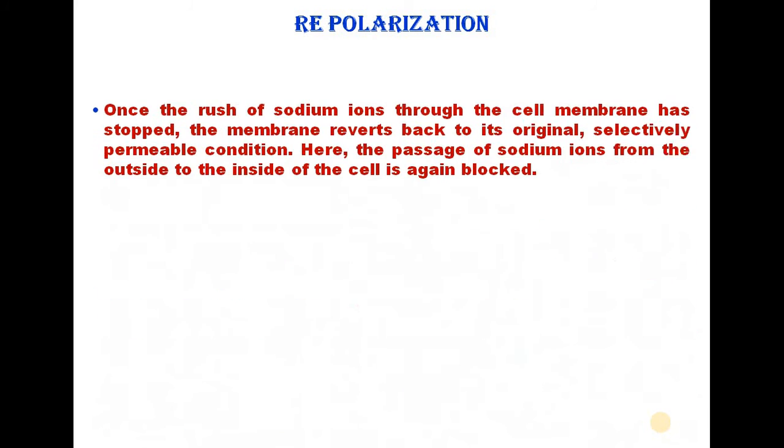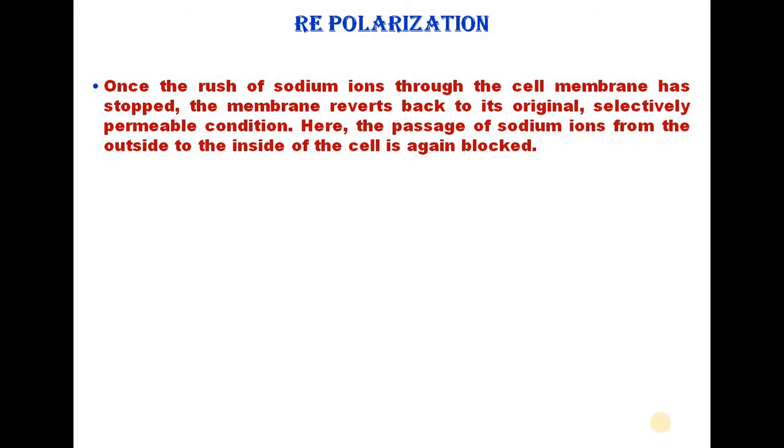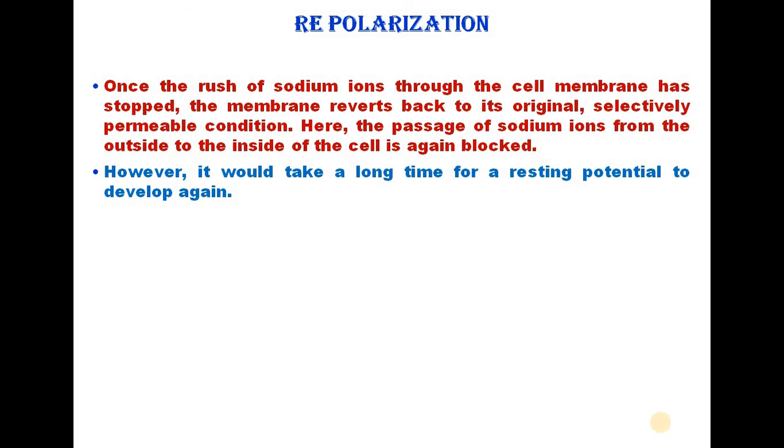Now let us see about repolarization. Once the rush of sodium ions through the cell membrane has stopped, the membrane reverts back to its original selectively permeable condition. Here, the passage of sodium ions from the outside to the inside of the cell is again blocked. However, it would take a long time for a resting potential to develop again, but such is not the case.